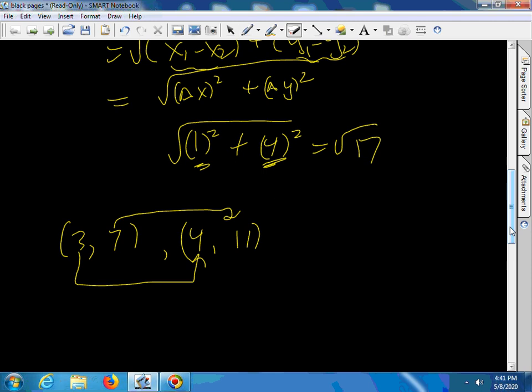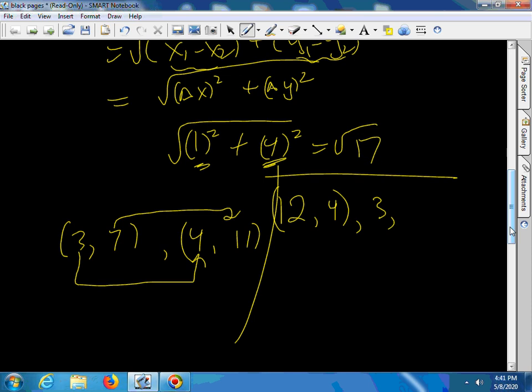If somebody gives me the points 2, 4 and 12, 4 and 3, 9. So the distance is the change in x squared plus the change in y squared, square root. And it doesn't matter if you get a negative change or a positive change.